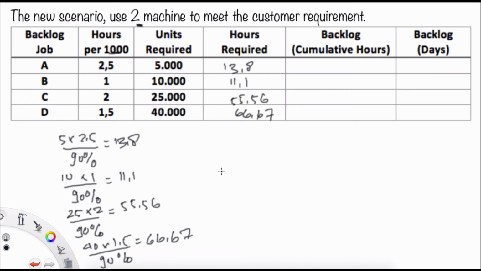Now we have obtained all of the hours required: 13.8 hours for product A, 11.1, 55.56, and 66.67 hours required for product D. Then for the backlog cumulative, we sum all of these, and now we have the cumulative hours, which we convert to backlog days.